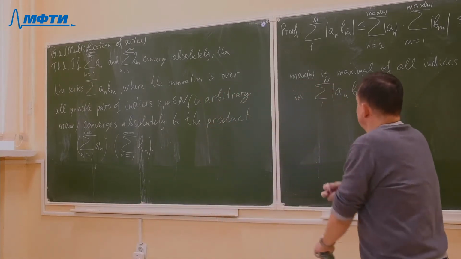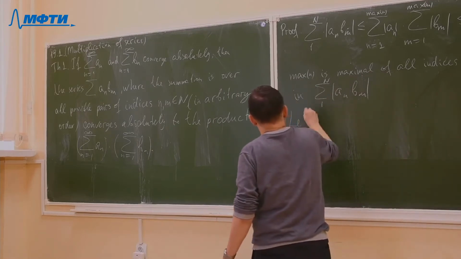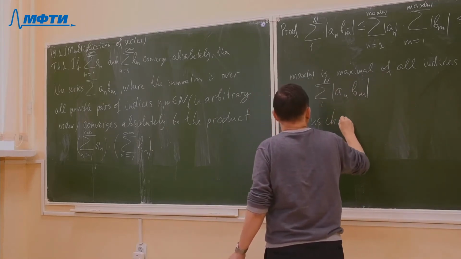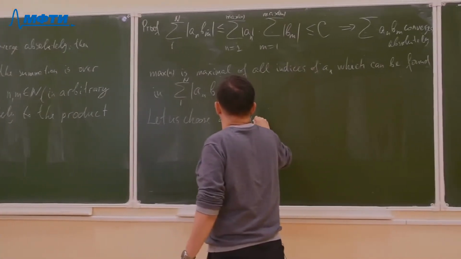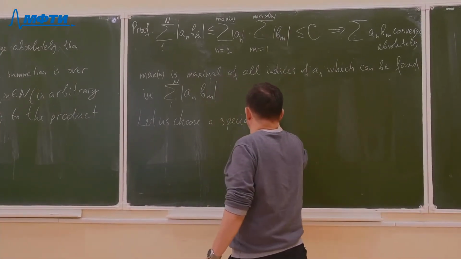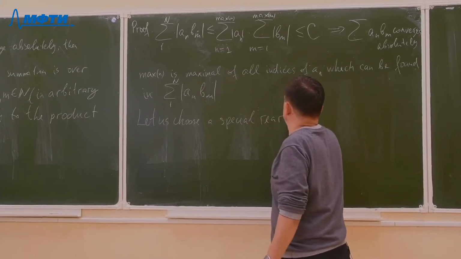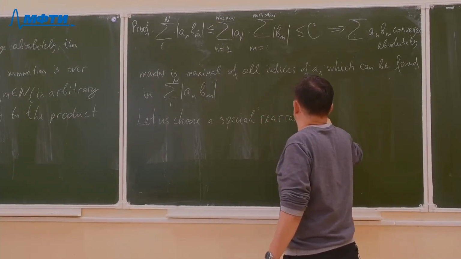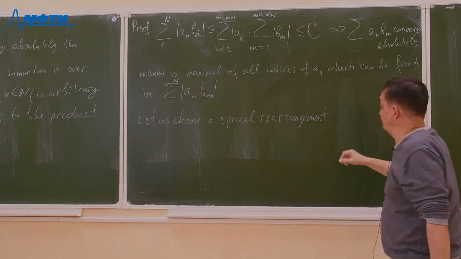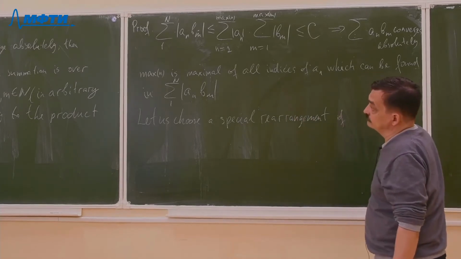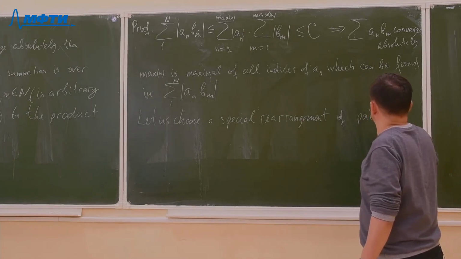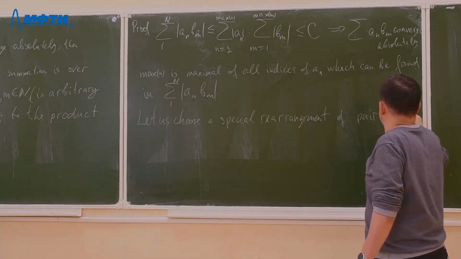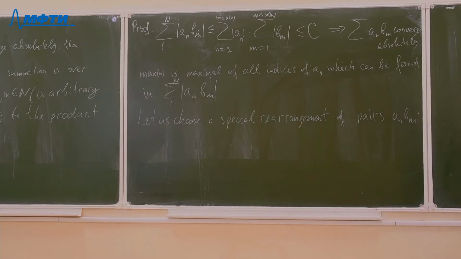Now let us choose a special rearrangement of pairs A_n times B_m.